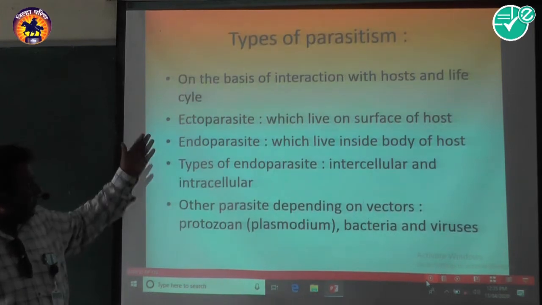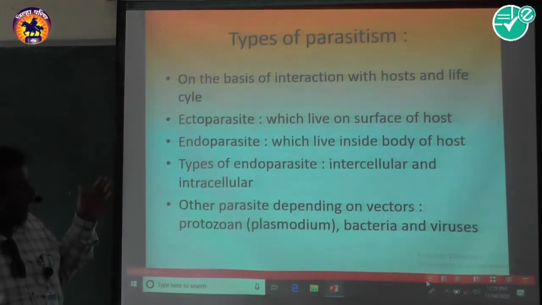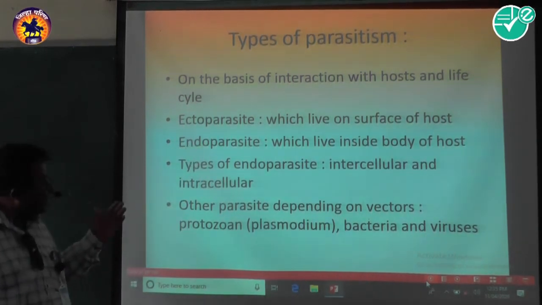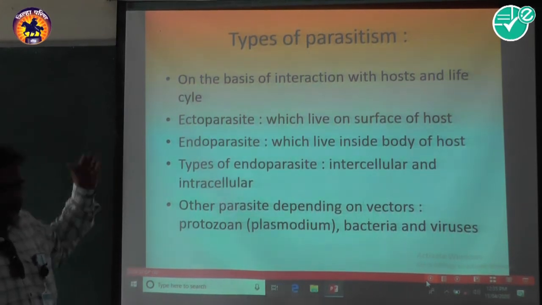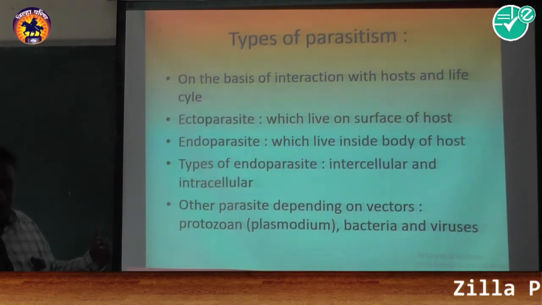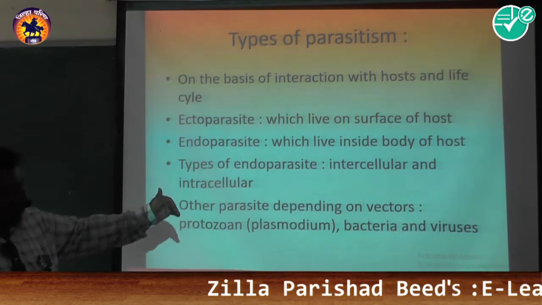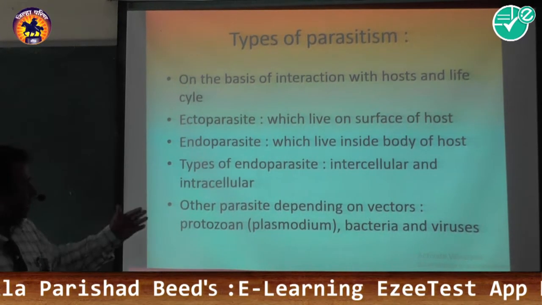Then, the types of parasitism on the basis of interactions with the host and the life cycles are of two types. Number one, ectoparasite, which lives on the surface of the host. यह क्या है कि ectoparasite जो कि अपने host के जिस्म के बाहर अपनी जिंदगी गुजारता है.